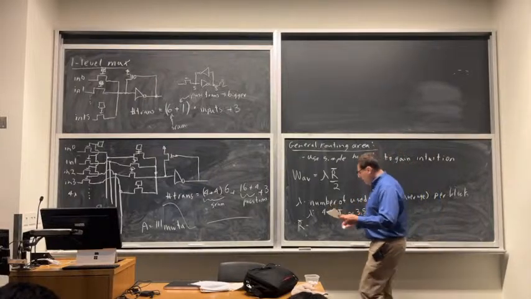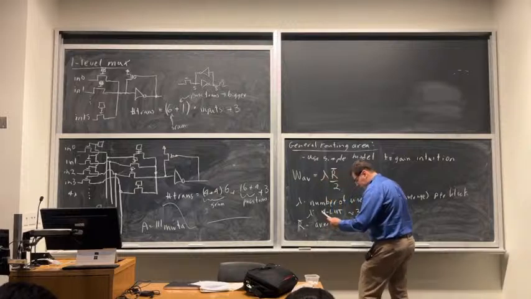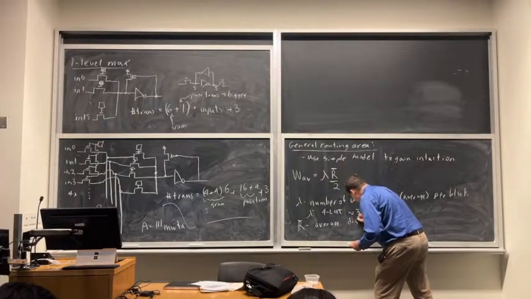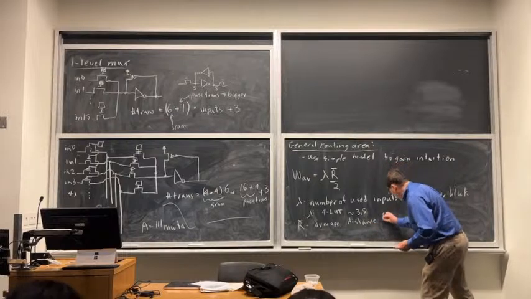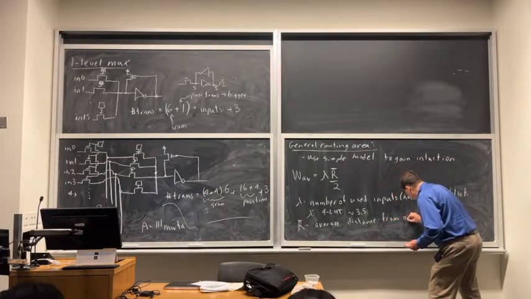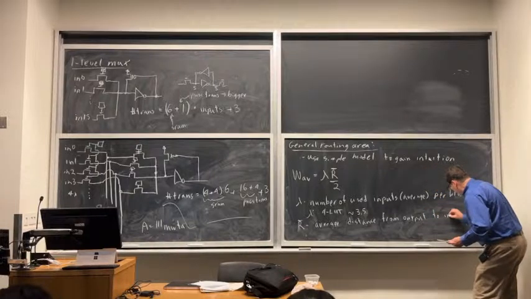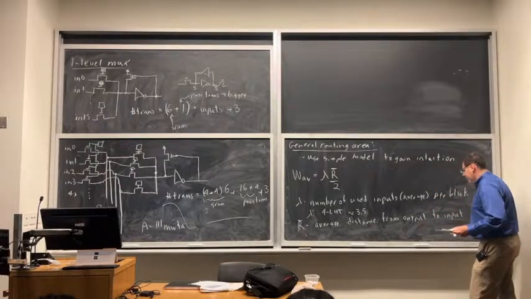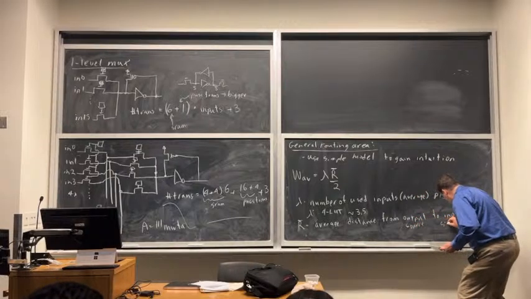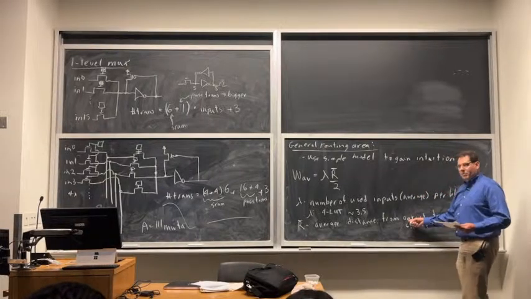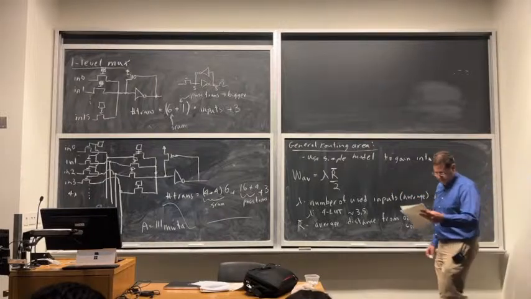So R bar is the average distance from the source of a signal, or the output of the block, to the input that's receiving it. Maybe I should write that as source and sink. The output of a block is the start of a connection. The input of the block it gets to is the end of the connection.